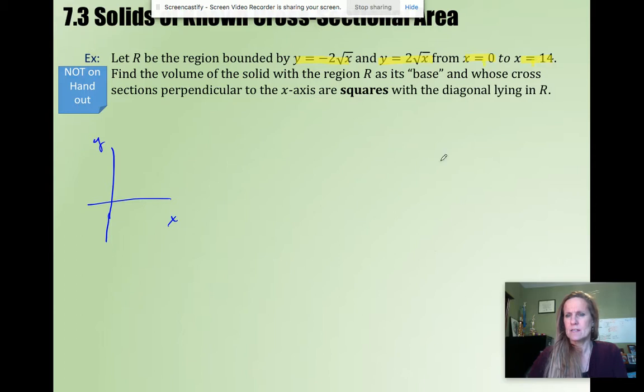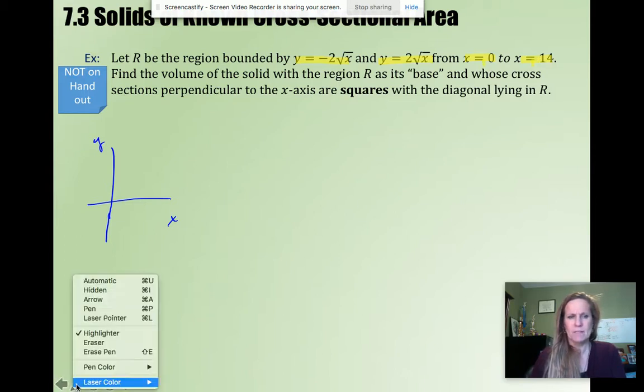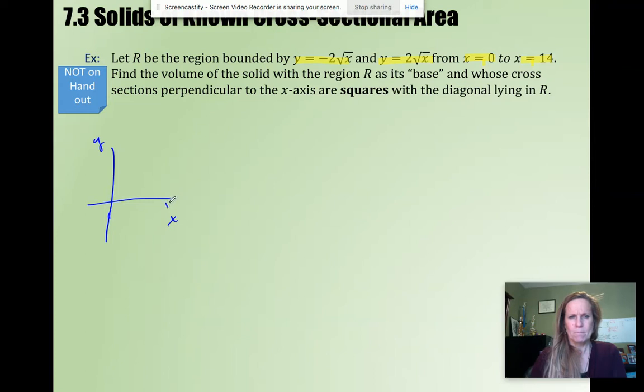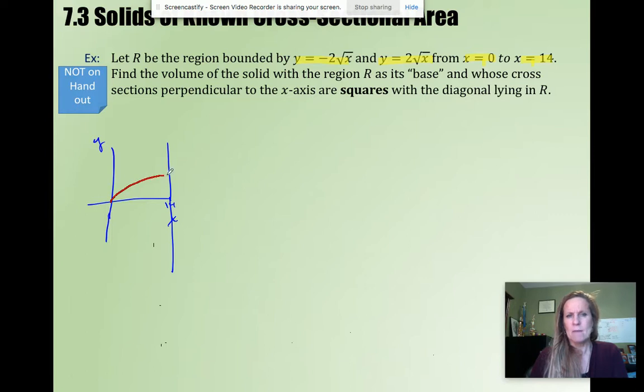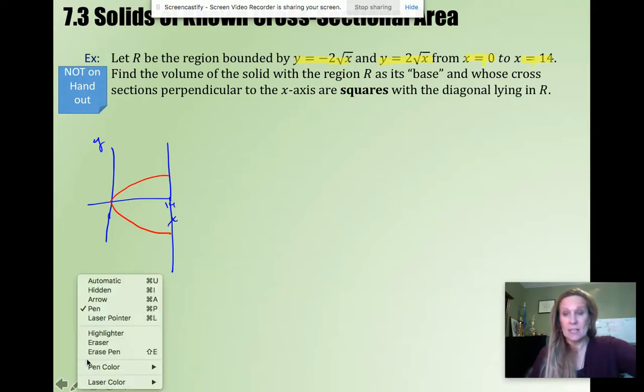The y-axis and the vertical line, x equals 14. And then 2√x is the top half of a sideways parabola, and negative 2√x is the bottom half of a sideways parabola. So that's my Play-Doh.